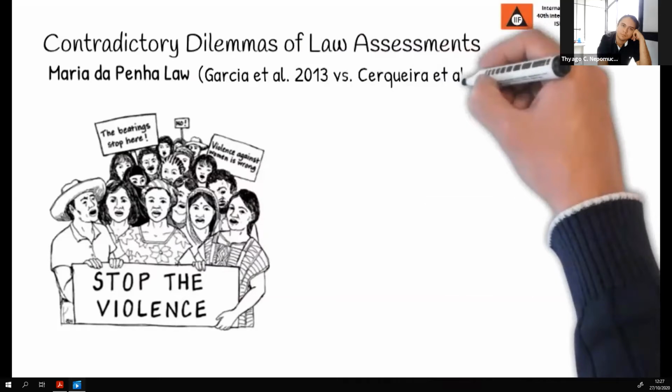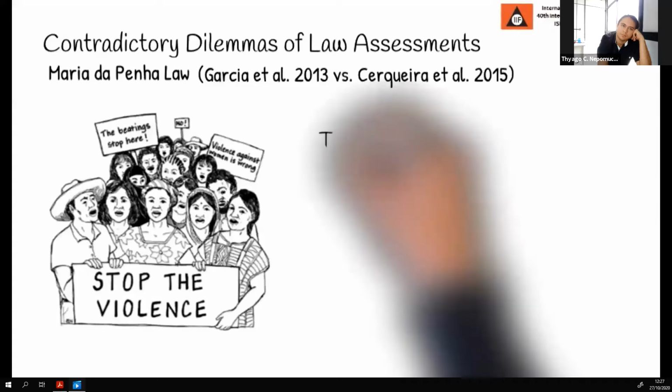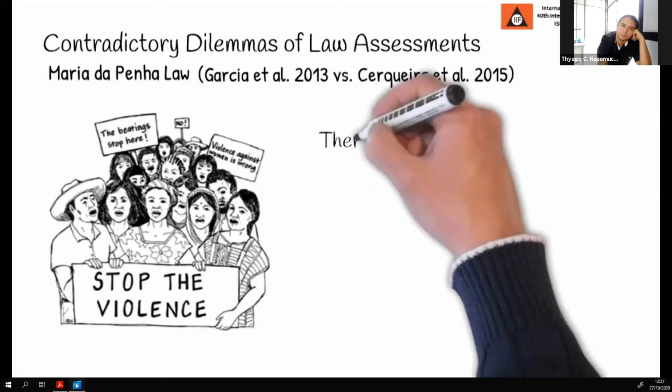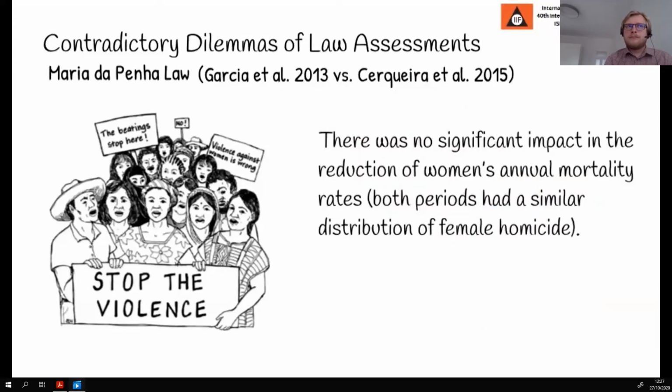The authors, after analyzing the data from Brazil using intervention time series before and after the law enforcement, suggest that there was no significant impact in the reduction of the annual mortality rates, which means that the periods before and after the law are basically the same. They are very similar.